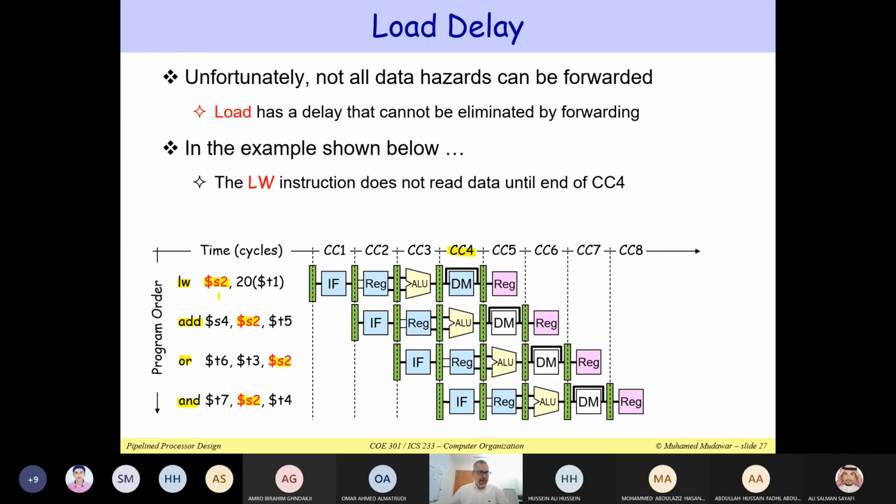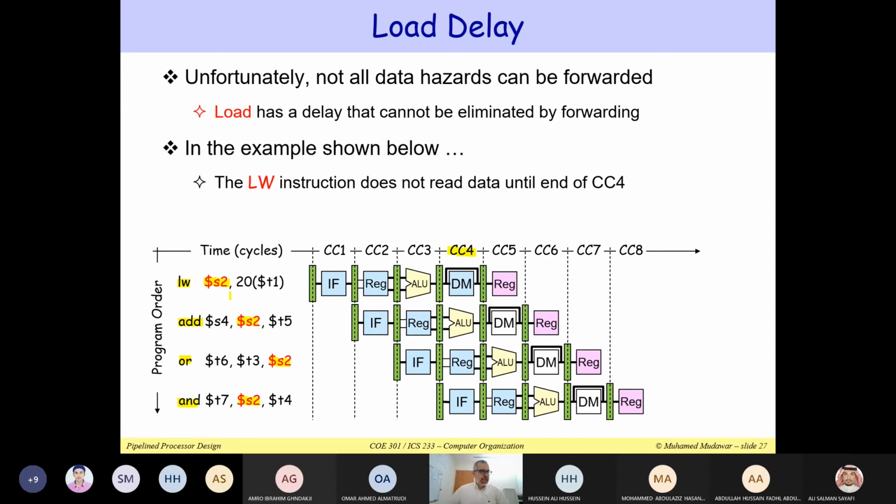The load here has an extra delay, because we load in the 4th stage of the pipeline, not in the 3rd stage, whereas the ALU exists in the 3rd stage. For this reason, the load has a delay that cannot be eliminated by the simple forwarding that we have seen in the previous slide.